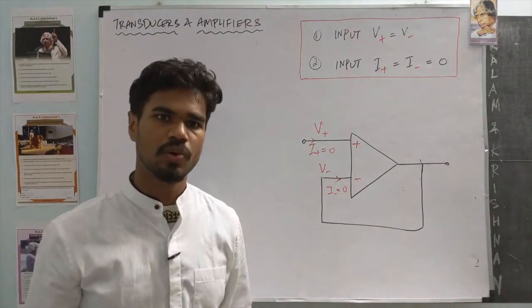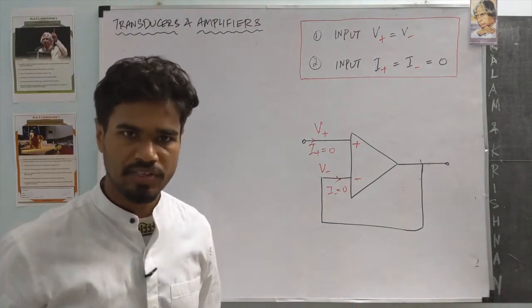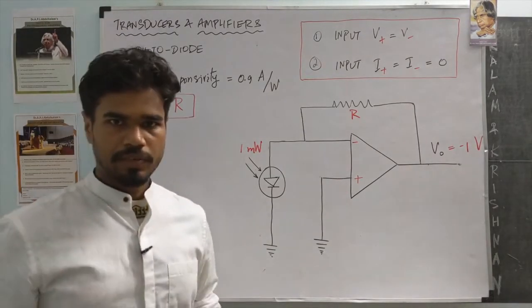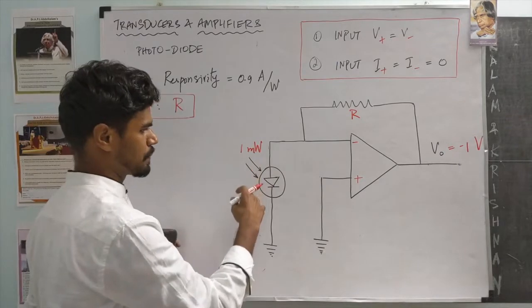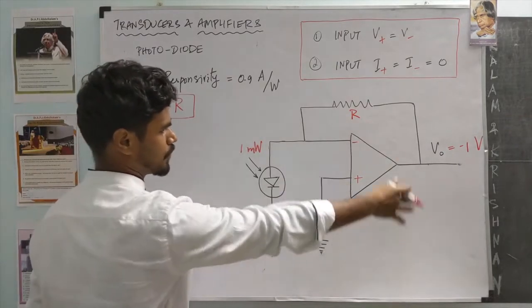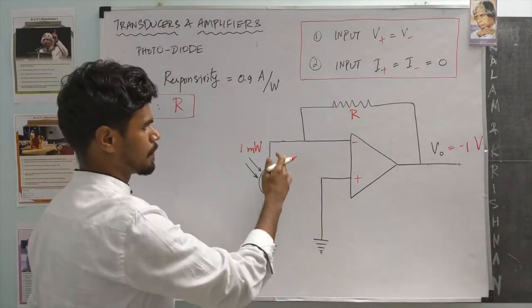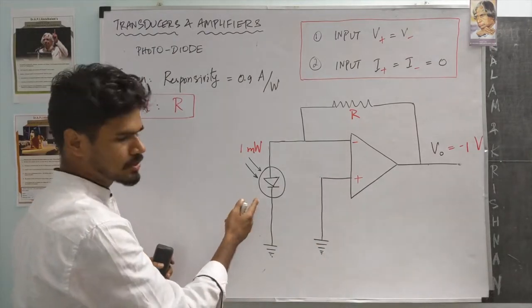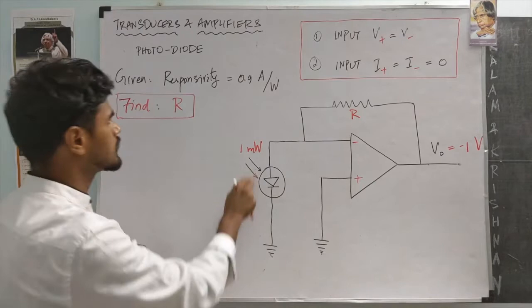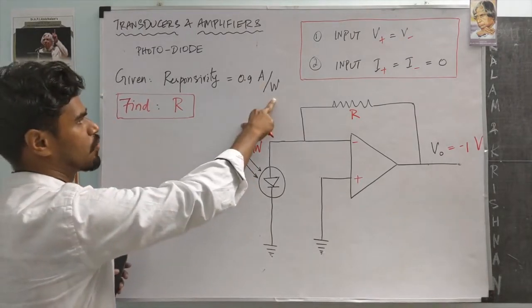With those two rules, let's go analyze three specific transducer circuits. Let's start with a very simple example of a photodiode. We have a photodiode that's connected to an op amp like this in an inverting configuration. What we know is that the responsivity of the photodiode is 0.9 amperes per watt.